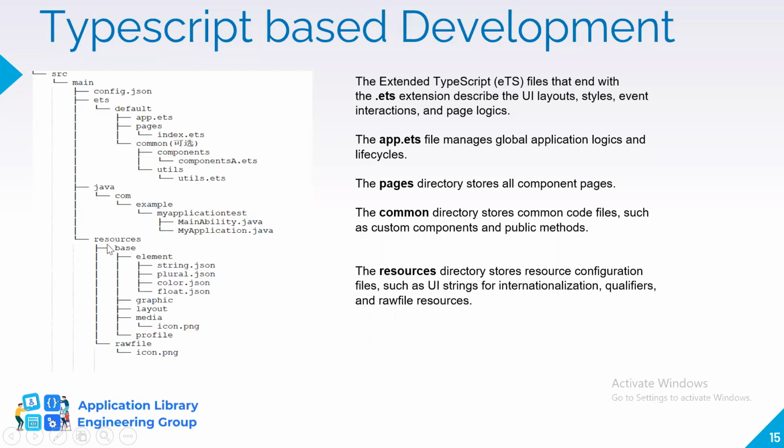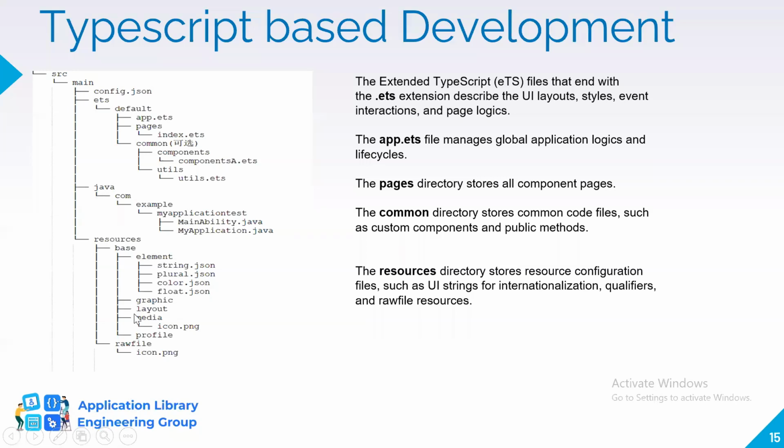And coming to resources in an ETS application, all the resources will be stored in this resource folder with this folder structure. Base will be the default folder, and you can give some configurations. For example, you can define device type: if you want some specific resources for your phone type, then you can create a folder called phone and maintain this structure within that folder.